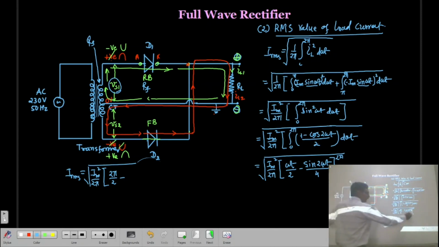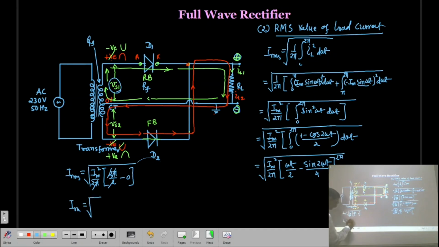Then here if we put omega t equal to 0, it will be 0. Then the sin 0 will also be 0. So this is my integration. So these two will be cancelled, and this pi and the pi is cancelled. So IRMS is equal to under root of Im square by 2, and this is equal to Im by root 2.